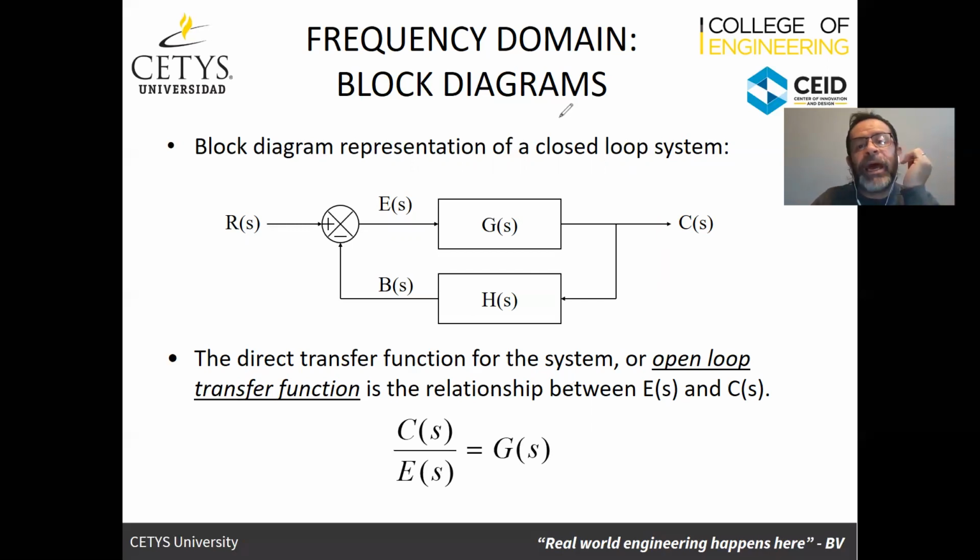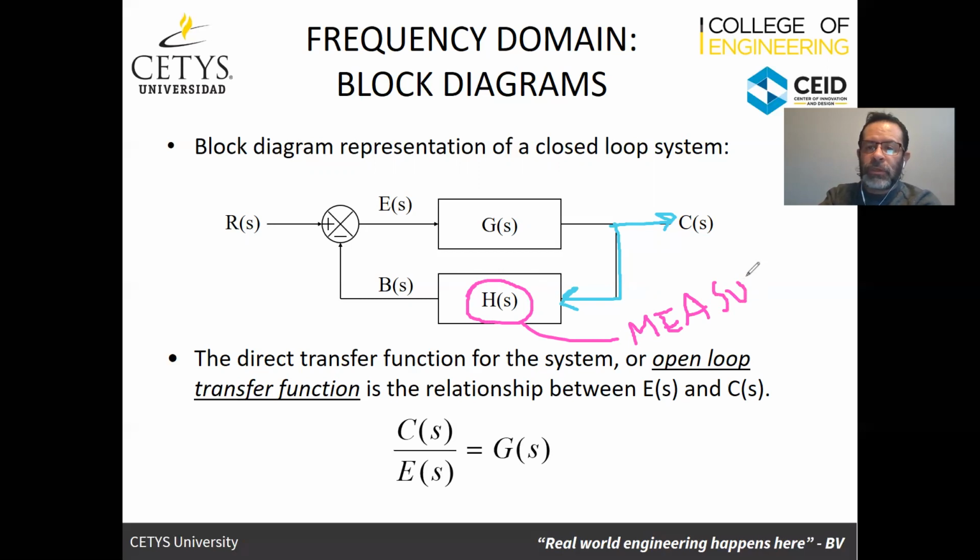And so what we have here is the output of the system, the whole output of the system, and that output is being measured. And the measurement component, which is the feedback component of the system, is usually referred to as H of S. This is the measurement.